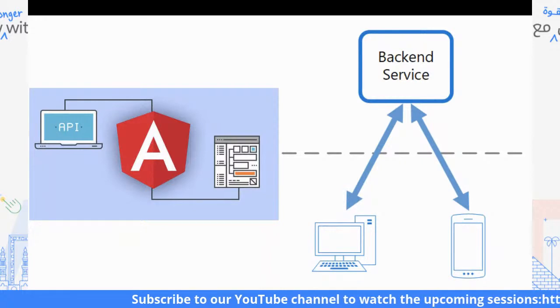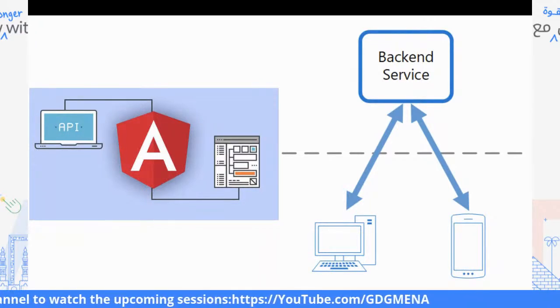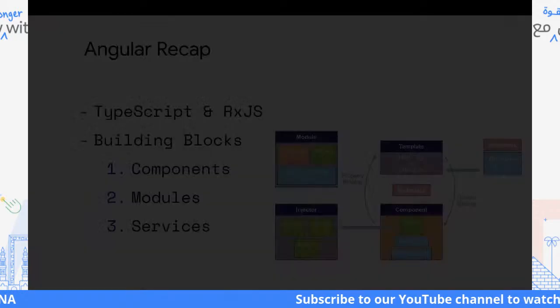So we're going to see how Angular does that, and that's why we're not going to sit and write an API. We're just going to see how Angular communicates with an open API that's already public on the internet.